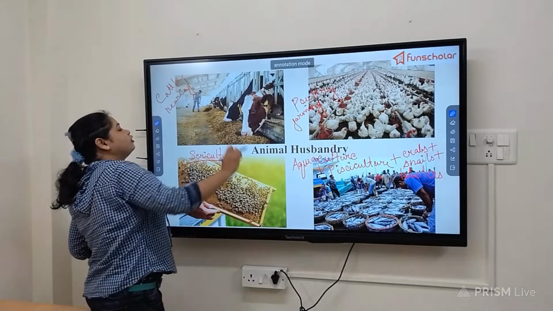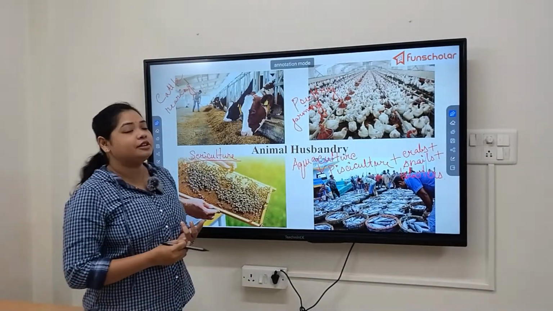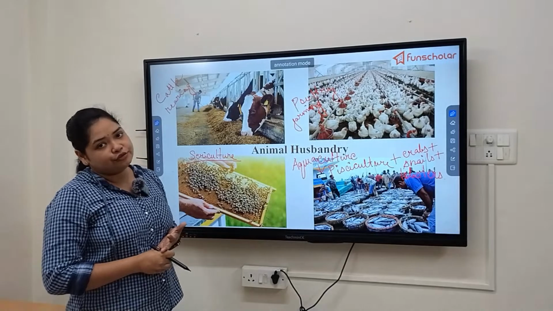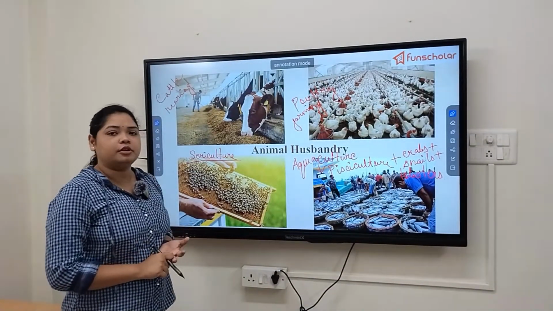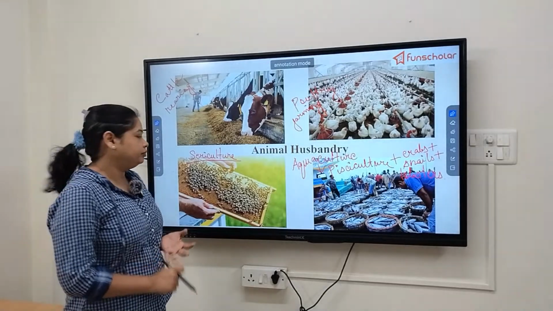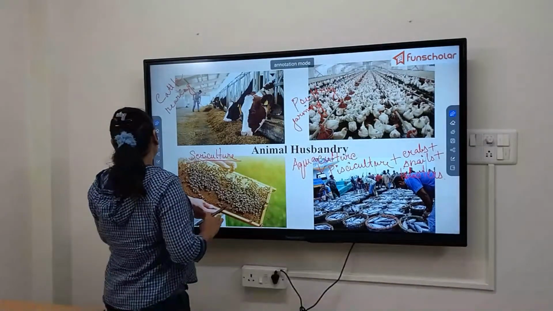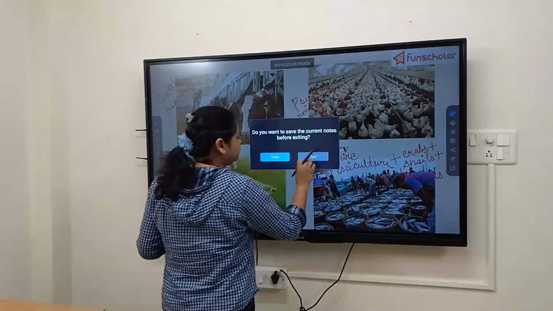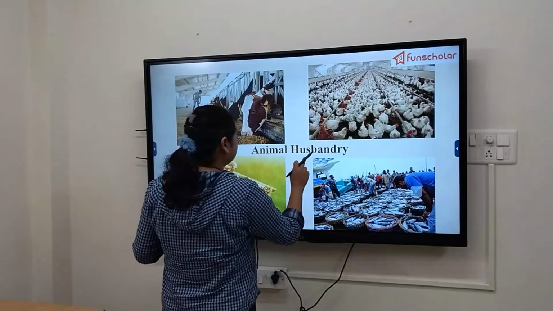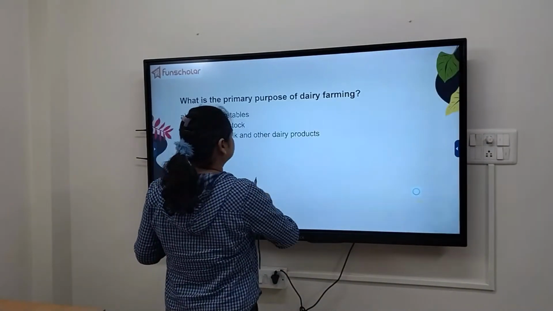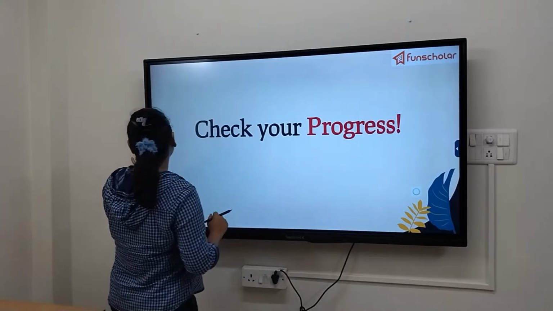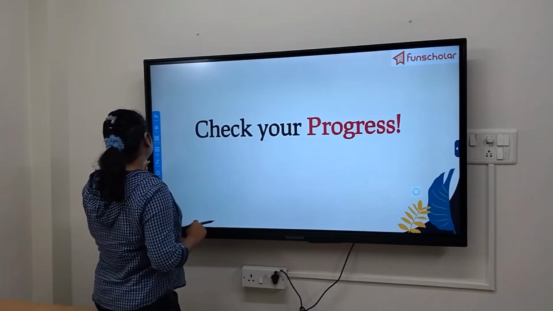They are reared for milk, for their labor in the agricultural field, and in some cases for the meat also. Now, in case of animal husbandry, there are 4 main steps. What are they? We will have a look.